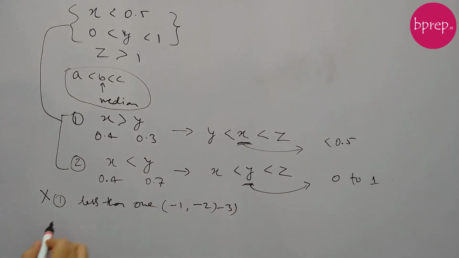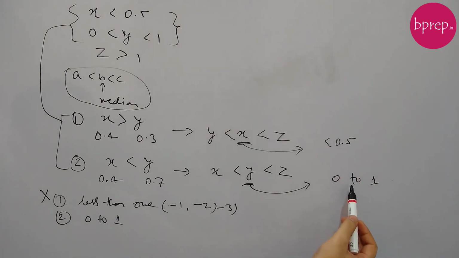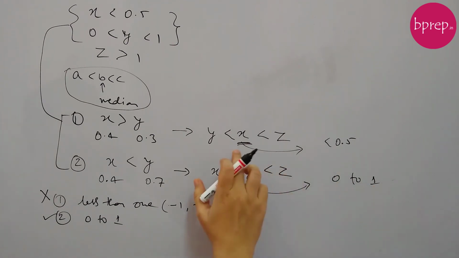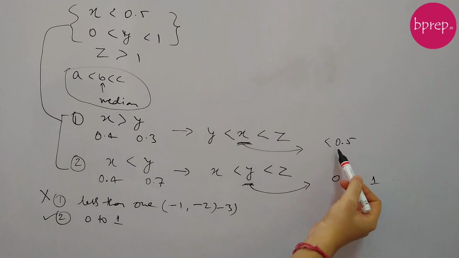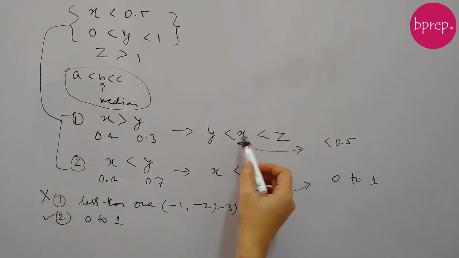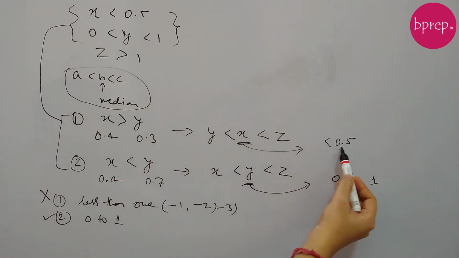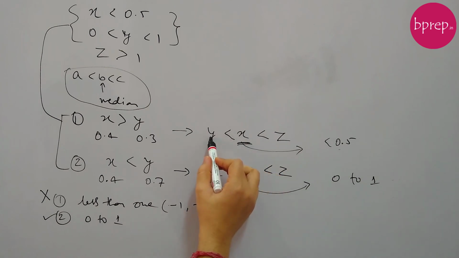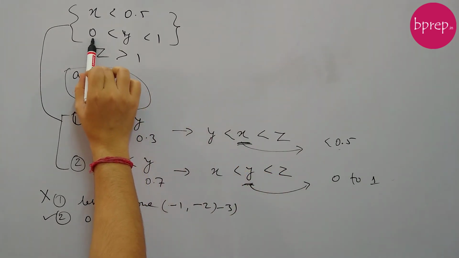The second option is between 0 and 1, right? That is true, either way it's always between 0 and 1. One more thing here: if y is the median, then it will always be between 0 and 1. But if x is the median, the value still will not go negative. Though the range of x is given as less than 0.5, here x is greater than y and the lowest value of y is 0.